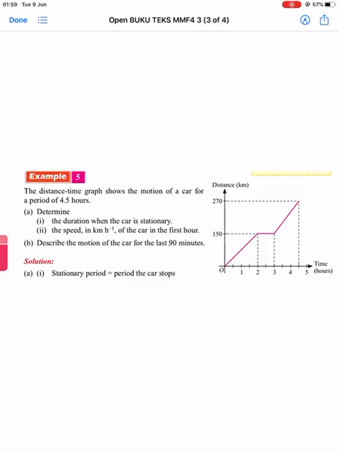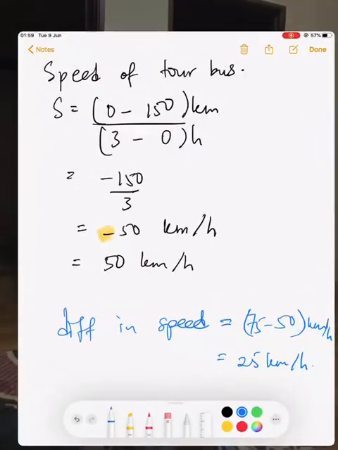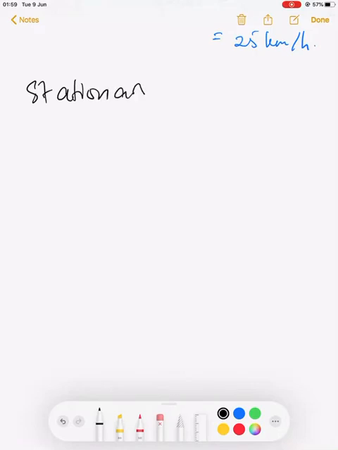Okay, look at the graph. Let's switch to the working. So stationary means the period where the car stops. It stopped from 2 to 3. Stationary meaning the car stops.